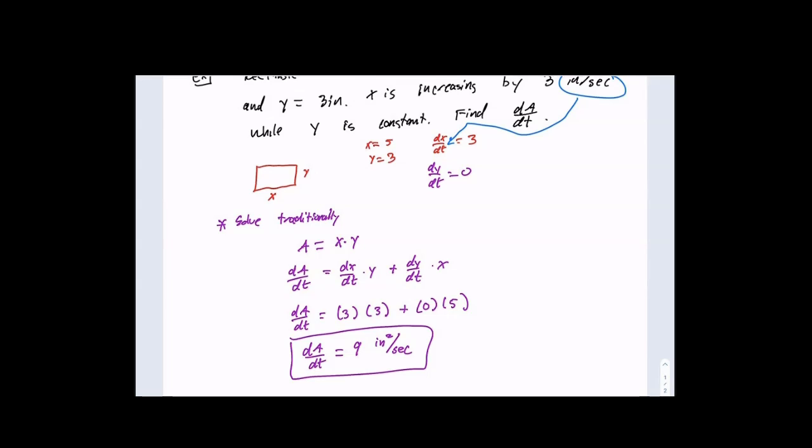I have a question. On a diagram, where would dA/dt be with x and y? Oh, it's the whole thing. Maybe I'll draw it in a different color, because you want a formula that relates it.